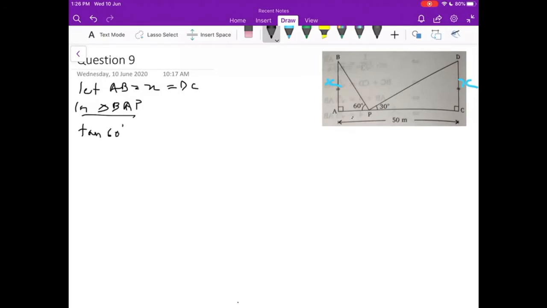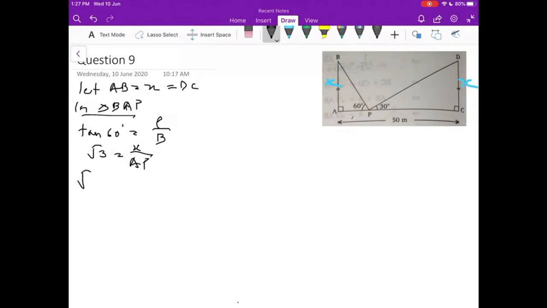So I'll take this as tan 60 degree is equal to perpendicular by base, and your perpendicular part is x, and your base part is AP. But tan 60 value, let me write first. Tan 60 value is root 3, and perpendicular is x, and your base is AP. Now if that is so, then cross multiply.